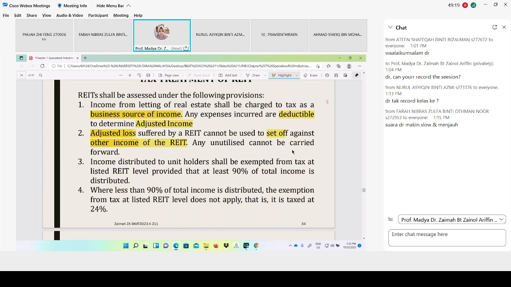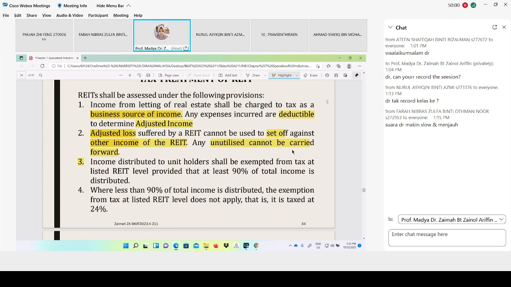Even though you have interest income, you cannot absorb the extra expenses from rental income. Any unutilized amount cannot be set off to other income and also cannot be carried forward to the following year. So this is a special treatment of the REIT, number 3.